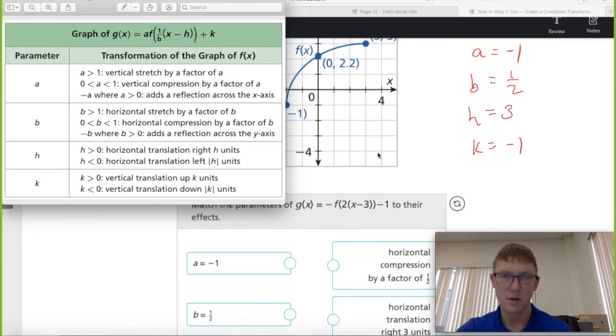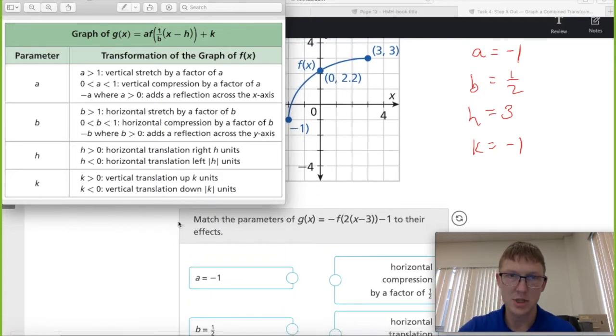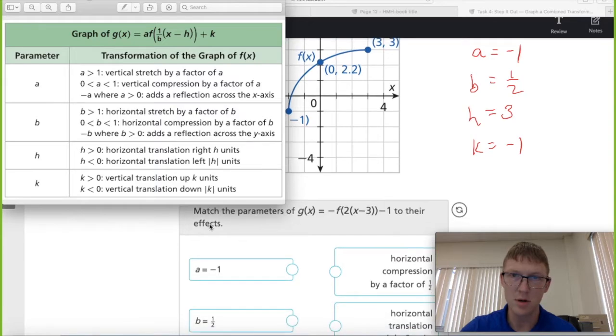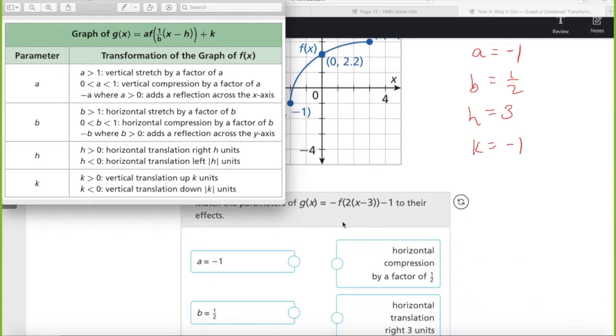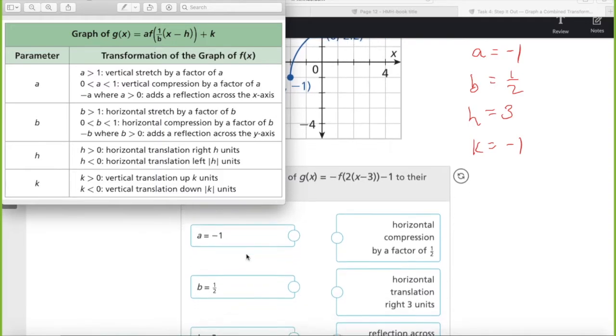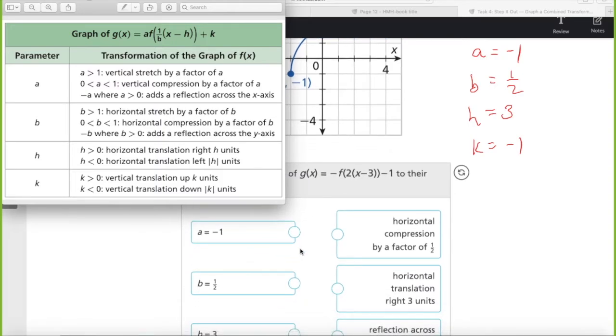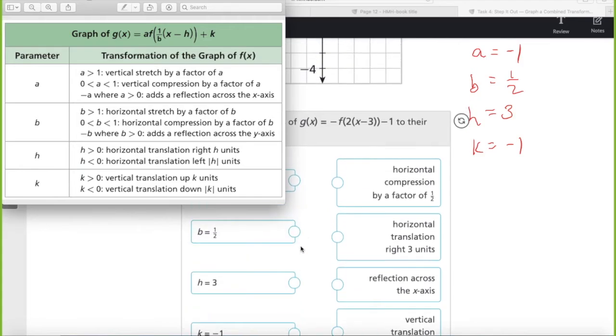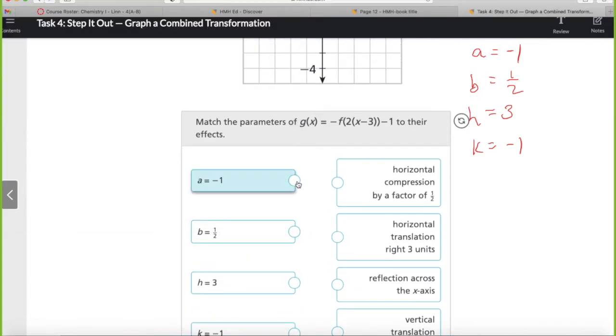So let's see here. Match the parameter to their effects. So, okay, we're going to get rid of my face. So a equals -1 is a reflection across the x-axis.